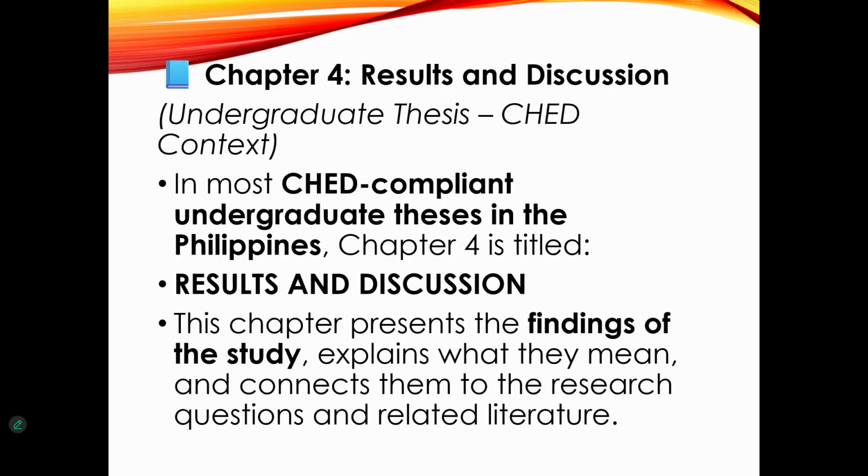In most CHED-compliant undergraduate theses in the Philippines, Chapter 4 is entitled Results and Discussion. This chapter presents the findings of the study, explains what they mean, and connects them to the research questions and related literature.